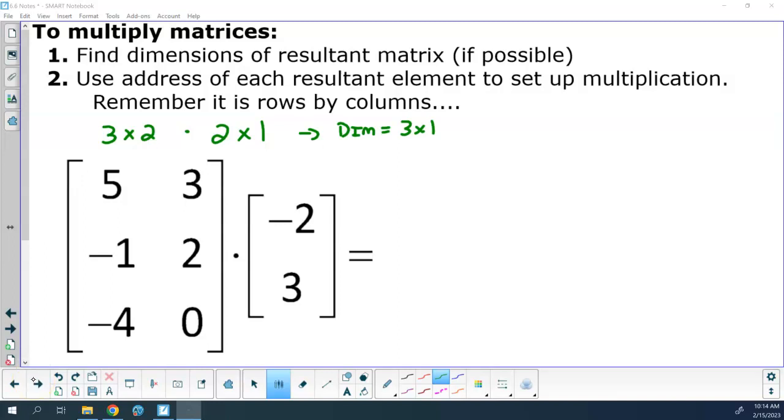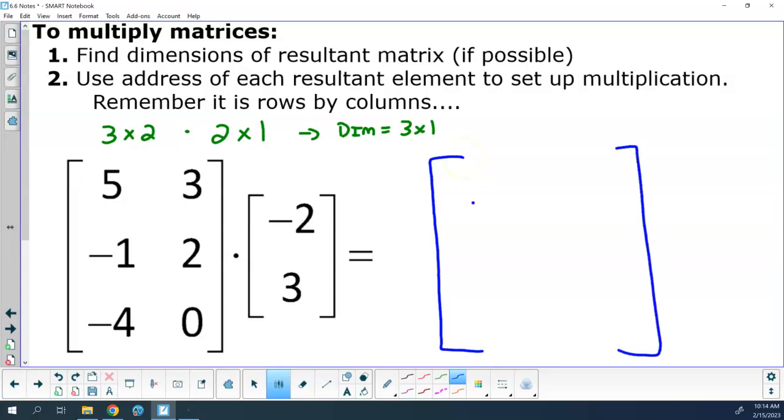Okay? So now that you've figured out that this matrix multiplication can work, and you have to do work now, what I strongly suggest is that you then draw yourself a large 3 by 1 matrix. So now you've drawn yourself an El Grande 3 by 1 matrix.